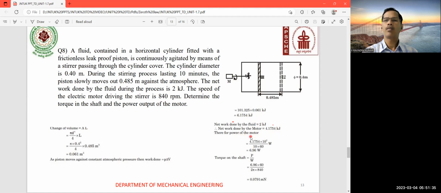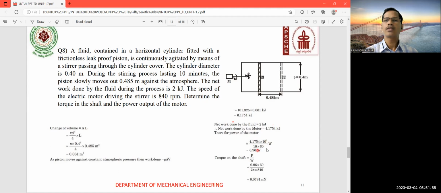Therefore the power of the motor is 4.175 divided by omega. How many revolutions are there? It is the work done divided by the time, and it is lasting for 10 minutes.